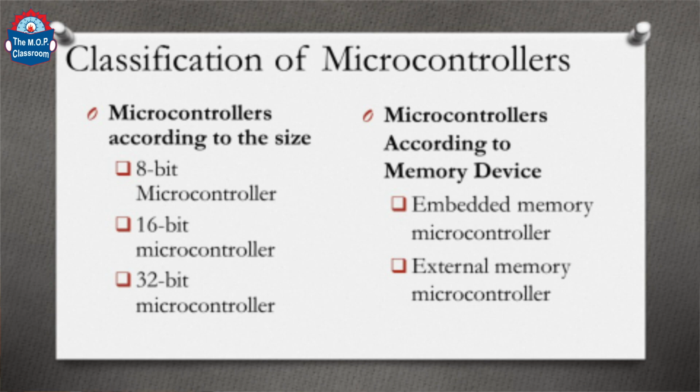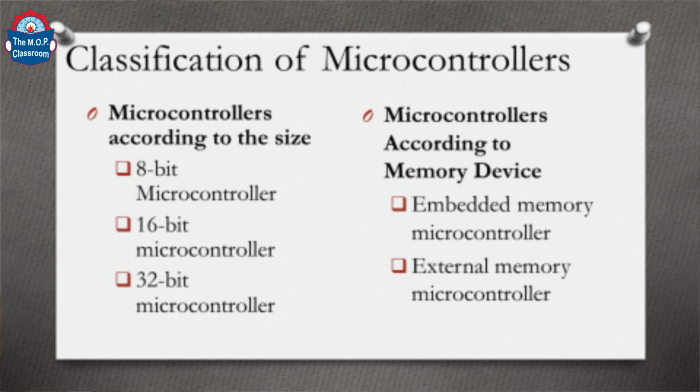Now, these microcontrollers can be classified based on the size of the bit it processes and also according to the memory device. Based on the bit size, it can be an 8-bit, 16-bit or 32-bit microcontroller. An 8-bit microcontroller can process, whether it is an arithmetic operation or a logic operation, 8 bits at a time.